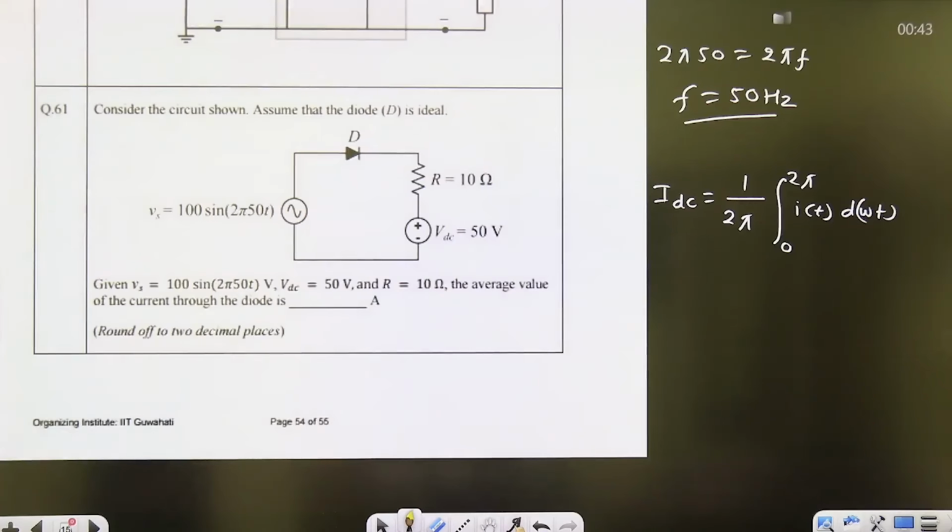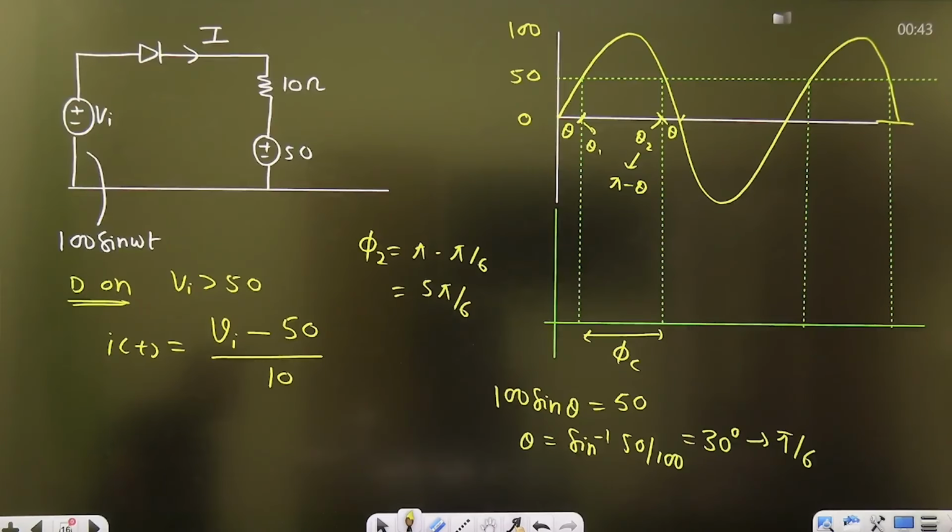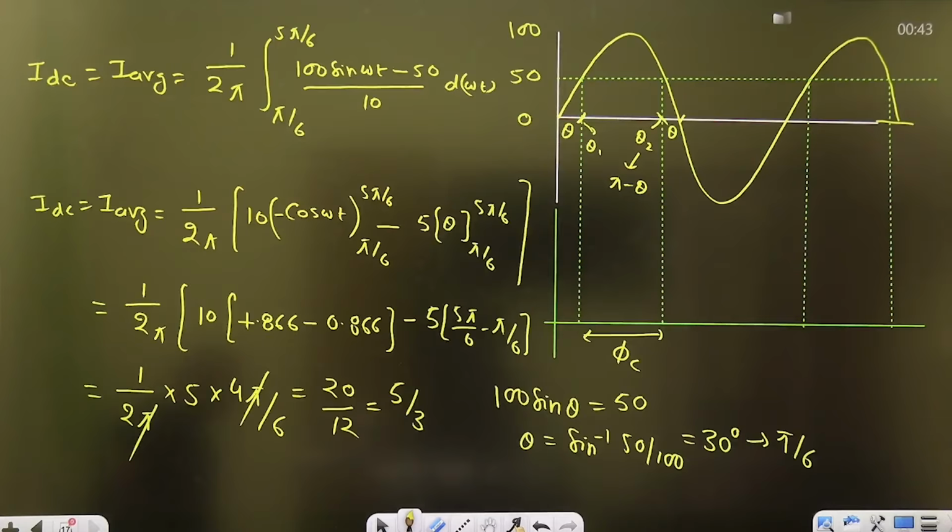What is the input given? 100 sine, no? Okay. So what will be the current? 100 sine of omega t plus 50. Okay, no problem. Right. 100 sine of omega t minus 50 upon 10. One minute, I will check what is the cos 30. 0.866.